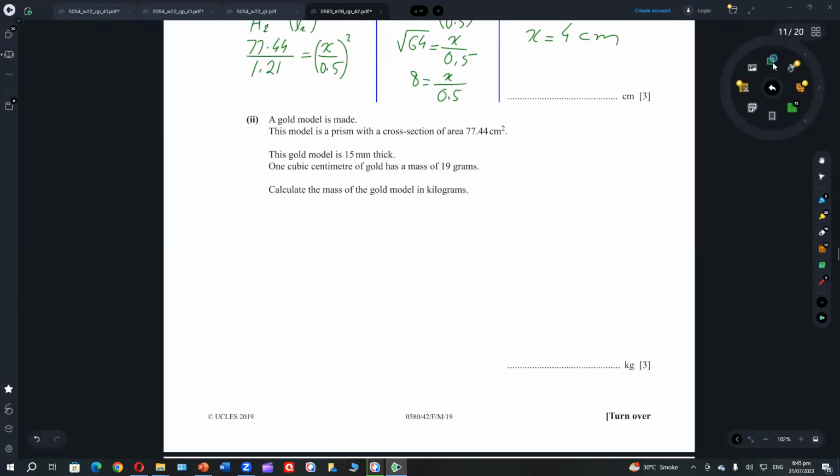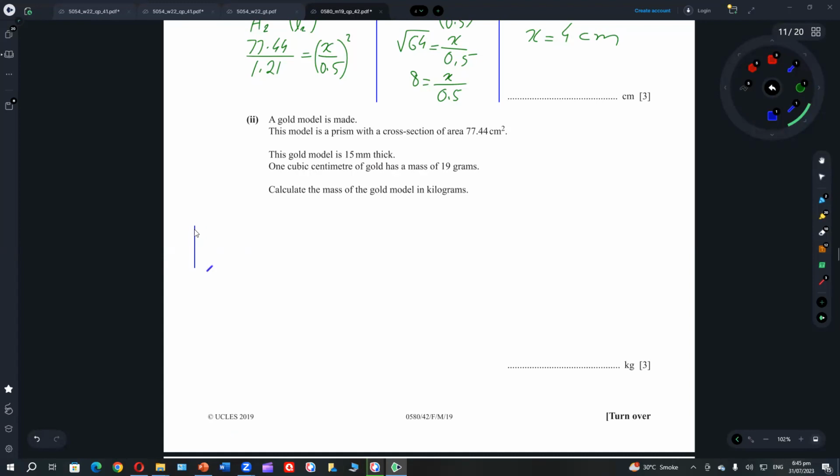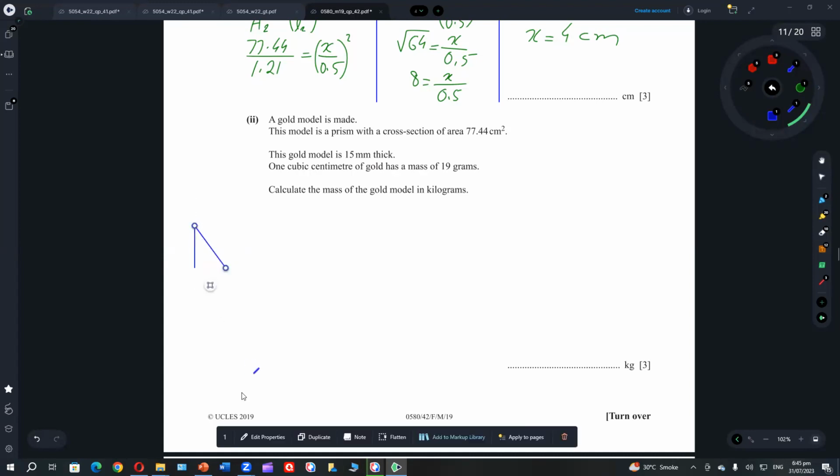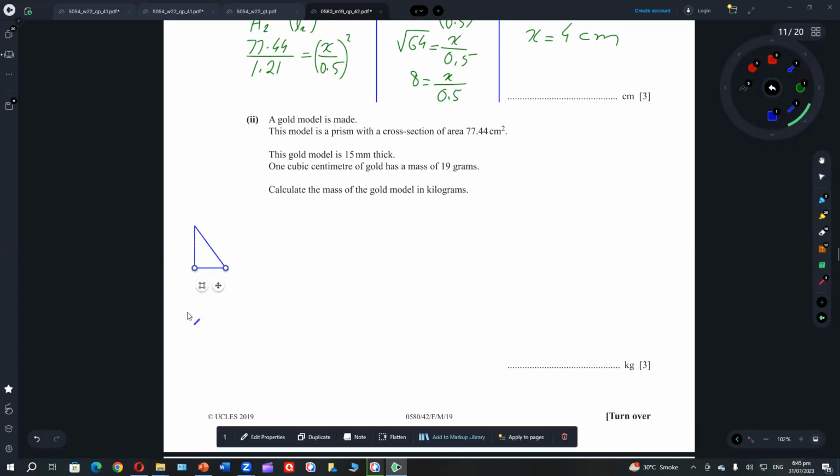Yes. So we have to draw a prism for our reference, because we need its volume. So draw with me. You have to recall the prism shape.